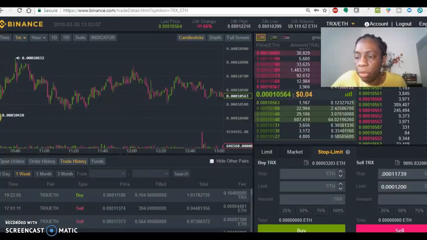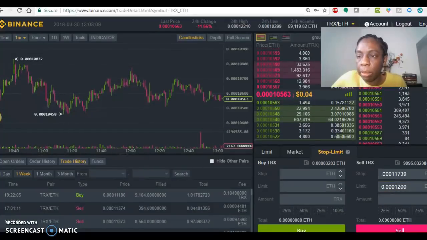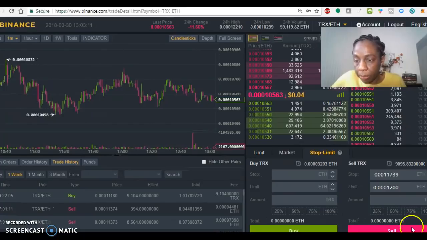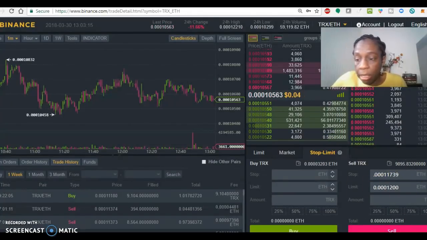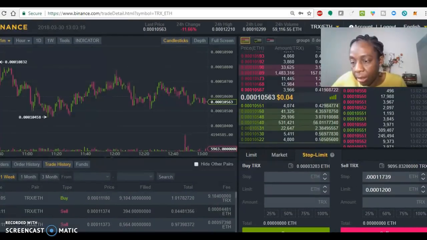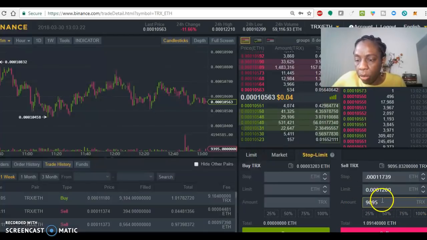And I'll try and move this screen a little more. That works. I want it to sell all my coins, and so this is the 100% mark here. There. It's going to sell all my coins, and it's going to give me a profit of 1.09 Ethereum.